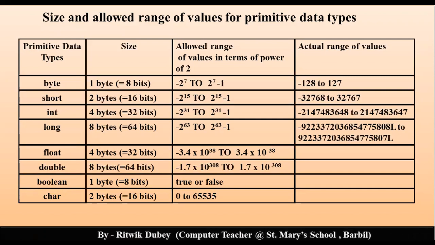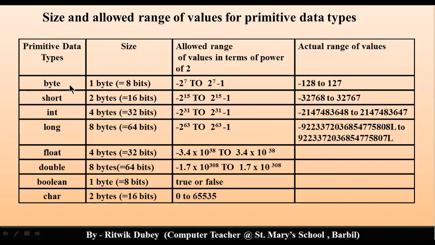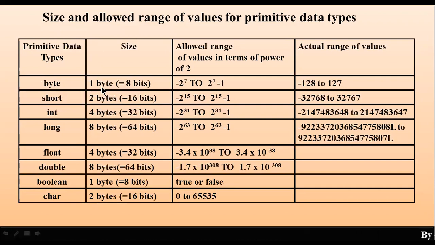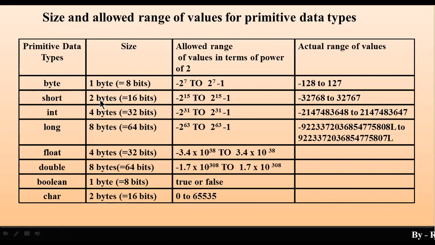When I say memory size given to this data type, it means whenever you declare a variable with data type byte, how much memory does it consume? It consumes 1 byte of memory. Whenever you declare a variable with data type short, it consumes 2 bytes of memory.